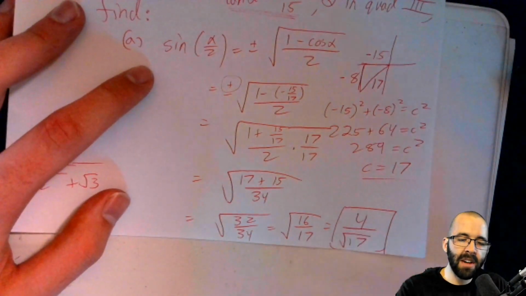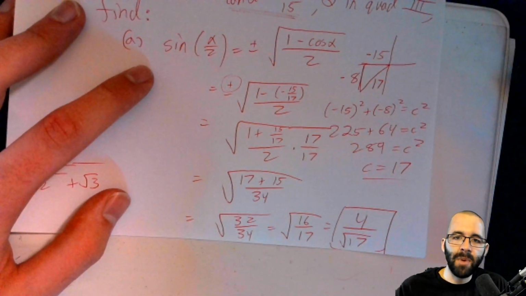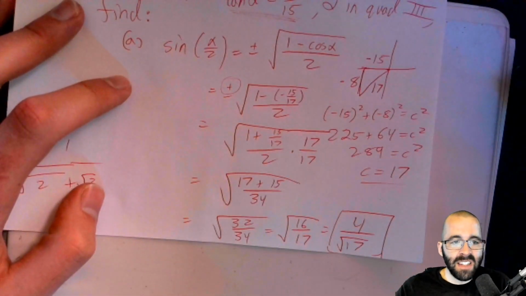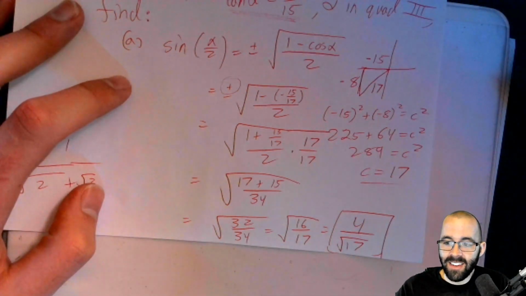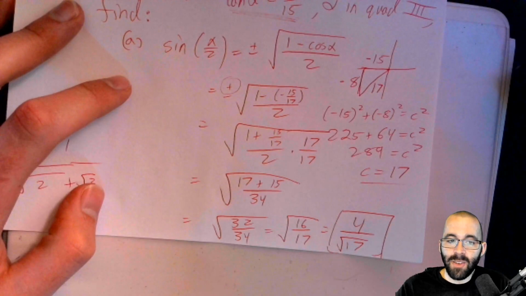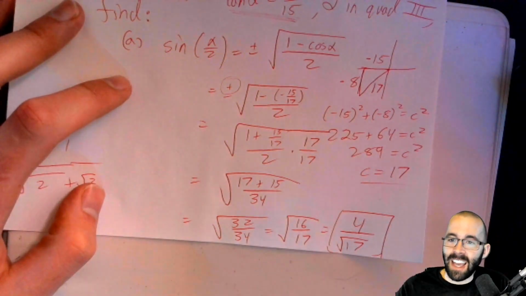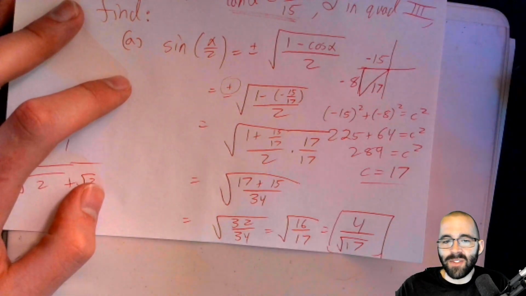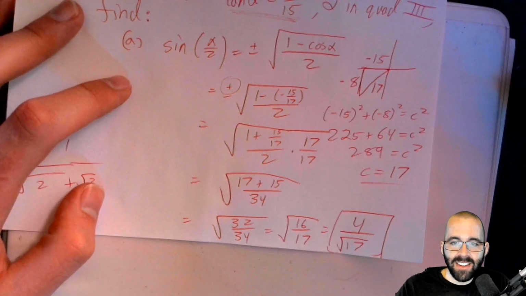This is adjacent over hypotenuse. We already have two of the sides right here. So when we go on to parts B and C, if you surprisingly didn't want to use the half angle formula again, what you could do is just draw the triangle and not use the half angle formula. That is one option, but it's up to you.